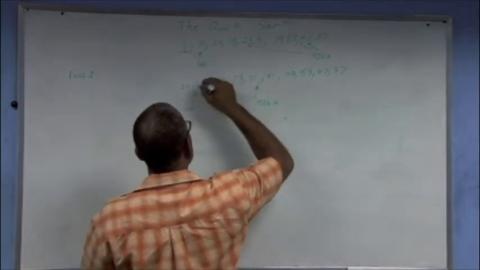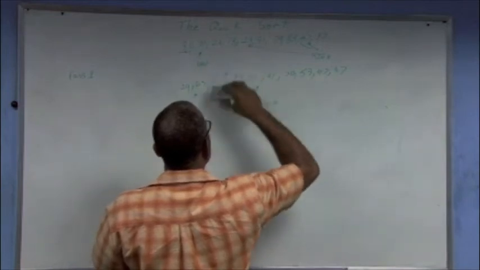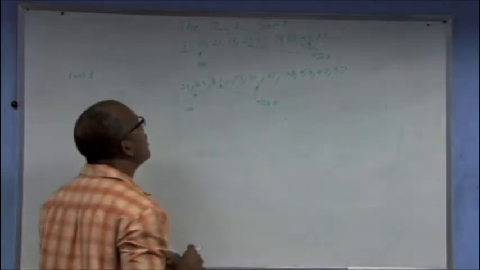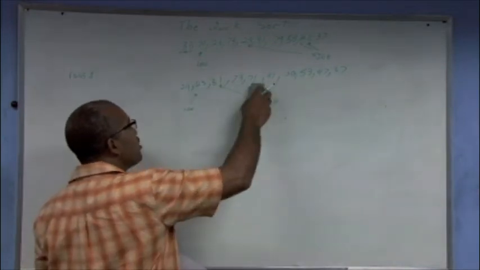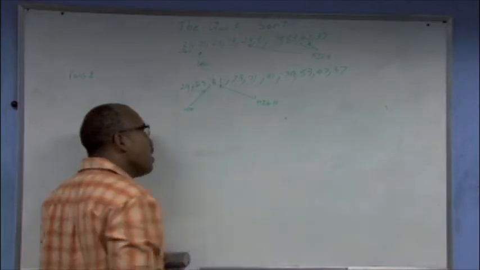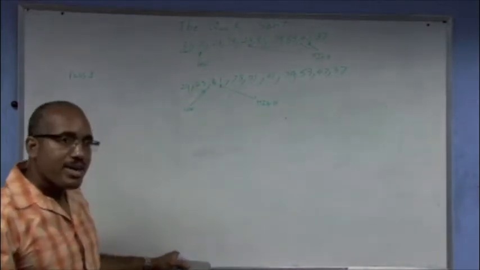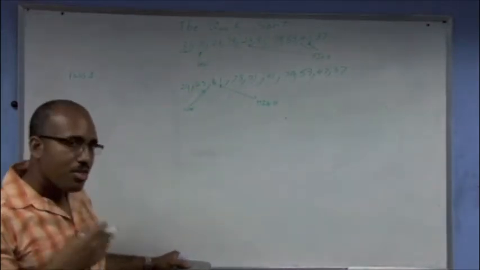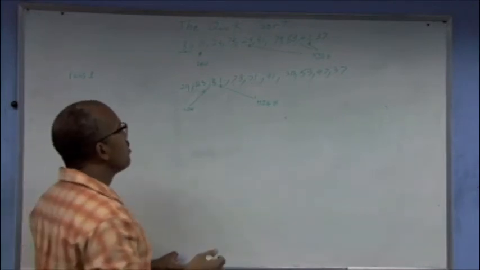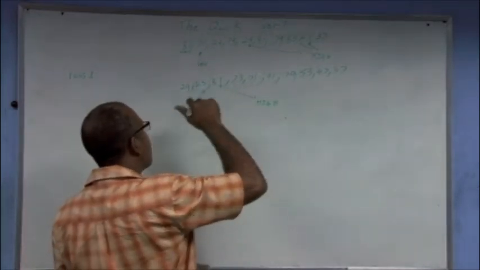The 23 comes here, 31 goes there. And then we move up the low pointer. And if we find that high becomes less than low, that's when our process ends. So we're done partitioning. So after this, the list is partitioned.